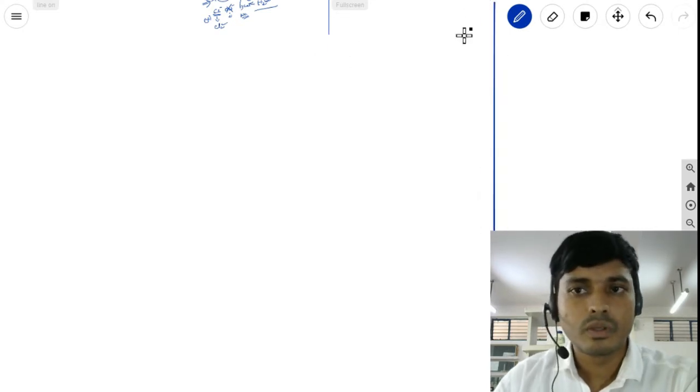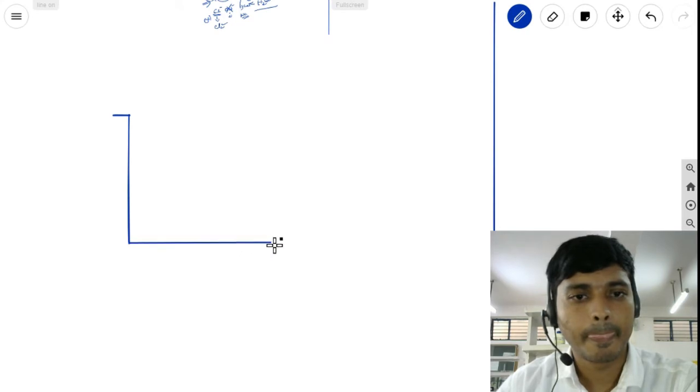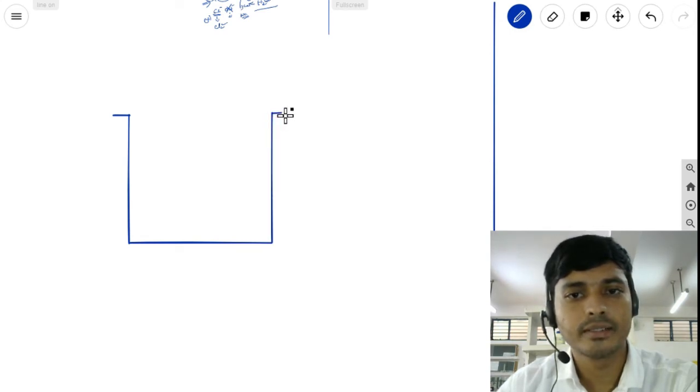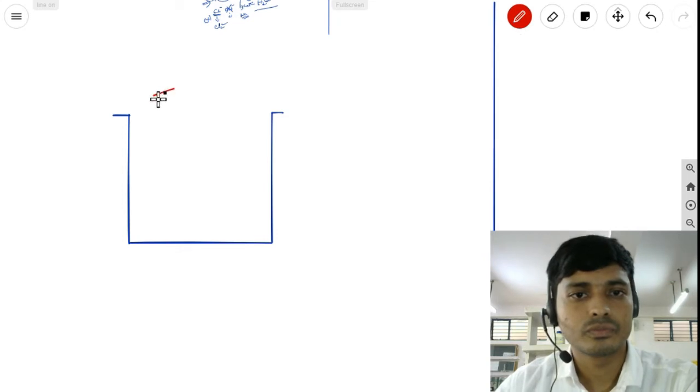So this is the electrolysis setup which I am drawing here. This is the container in which we are doing electrolysis, and I will draw electrodes inside. So 2 electrodes we are taking, one is the anode and another one is the cathode.